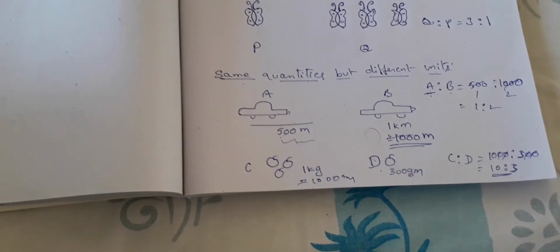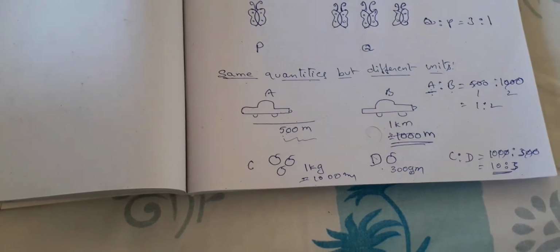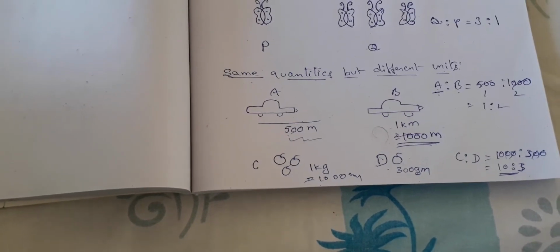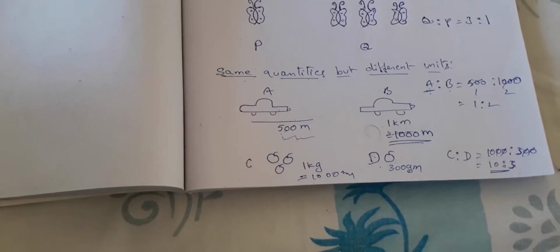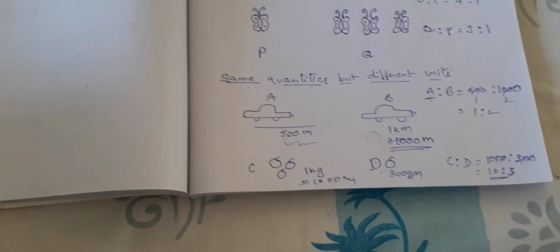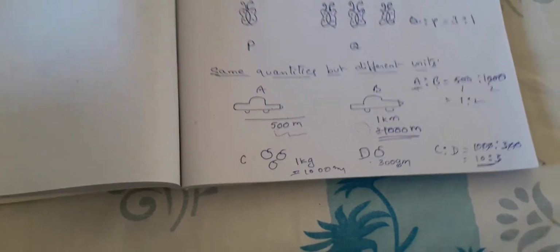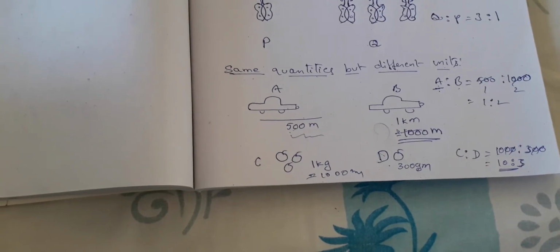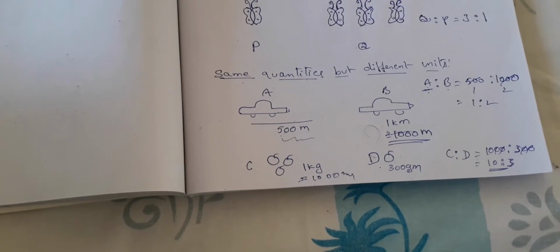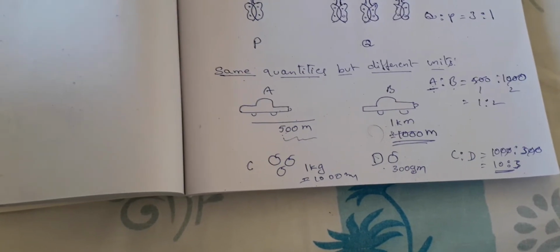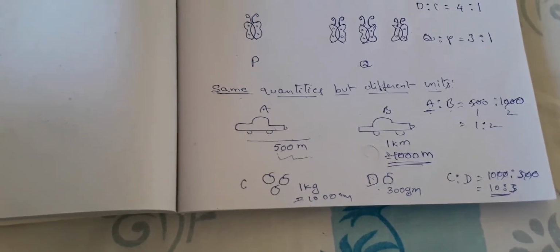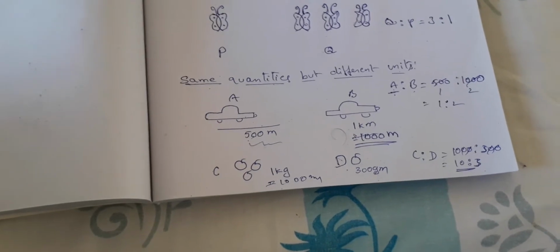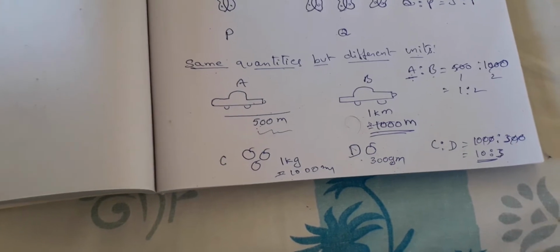Or if you are B and you have 2x in your hand, then A has half of whatever you have. That minimizes the stress in solving the problem whenever you think of it in a general way. It will be very easy for you to solve these problems. If not, you will feel a bit confused and find it difficult to solve problems based on ratio and proportions.